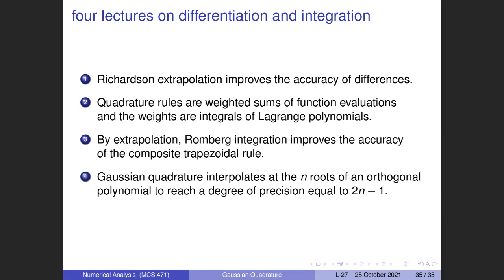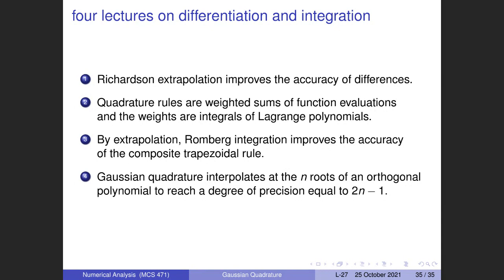The quadrature rules are based on interpolation: weighted sums of function evaluations where the weights are integrals of Lagrange polynomials. We can improve the results of composite trapezoidal rules by extrapolation. We called it Romberg integration.